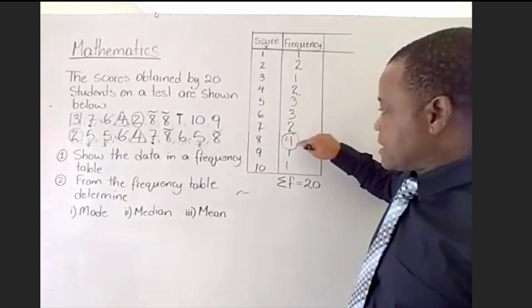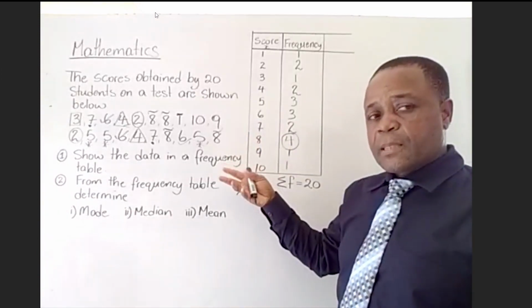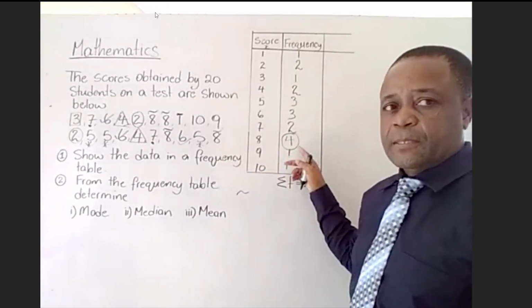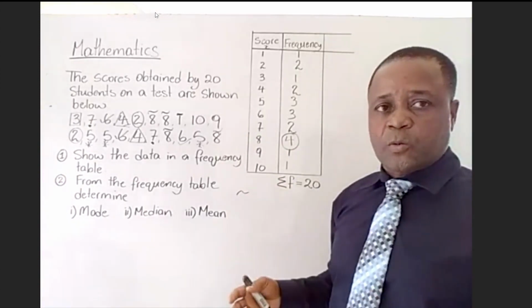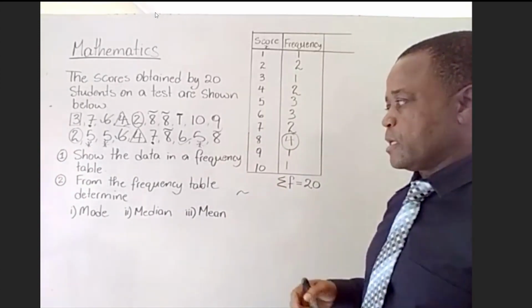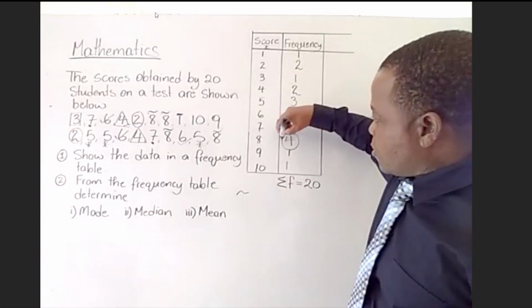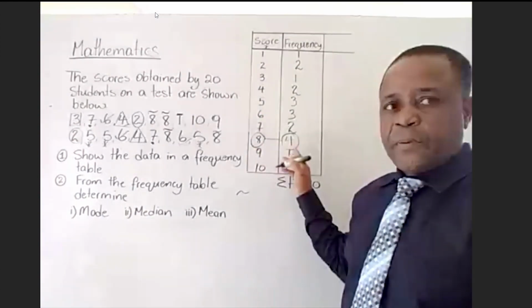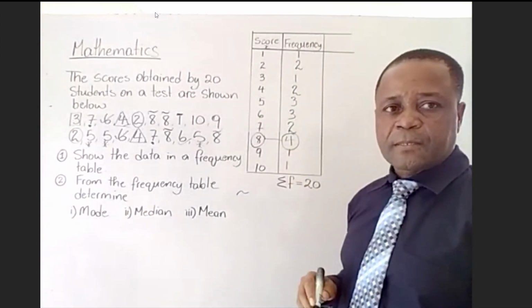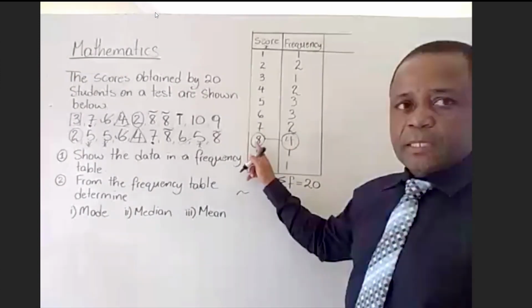Now, here, this is actually telling you that there's a particular score that appears 4 times, and that is higher than any other score. So what do we do in this case? When we find the highest frequency, all we need to do is to see which score appears that number of times. In this case, the mode would be 8.